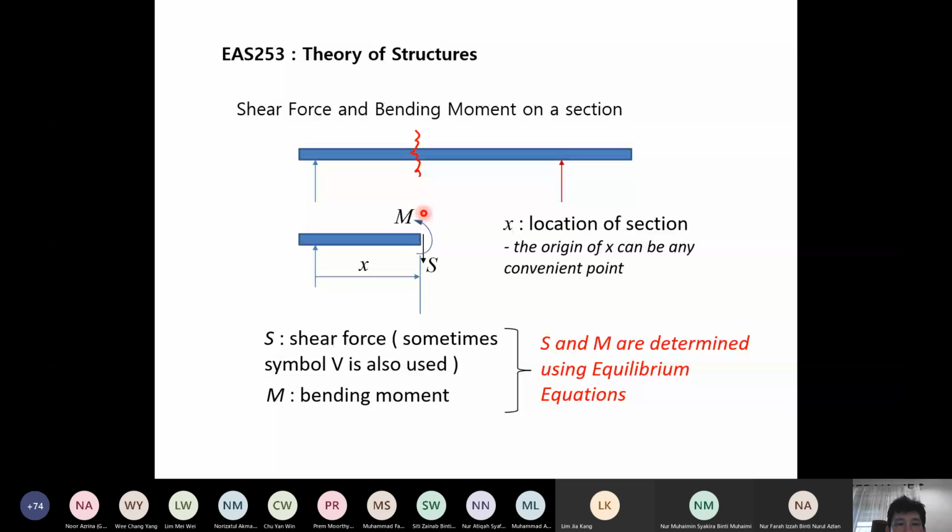Measure from where is the origin of that distance, the x coordinate, we call x coordinate, where we measure the section from. Then use equilibrium equations to determine the shear force and the bending moment.